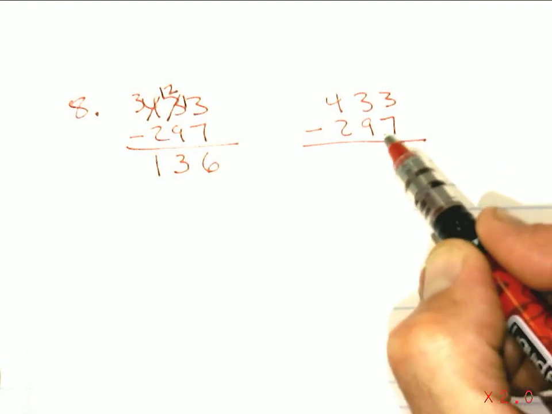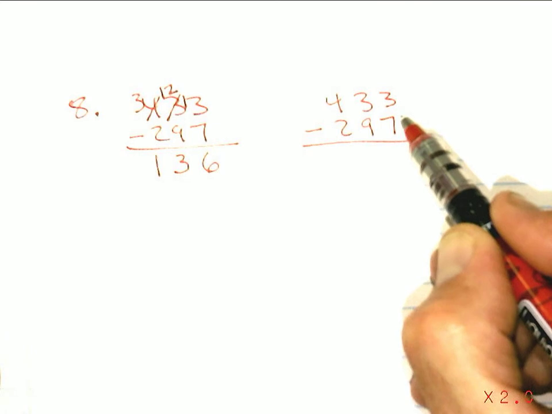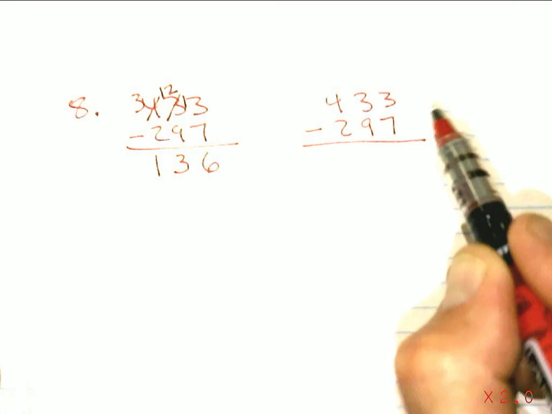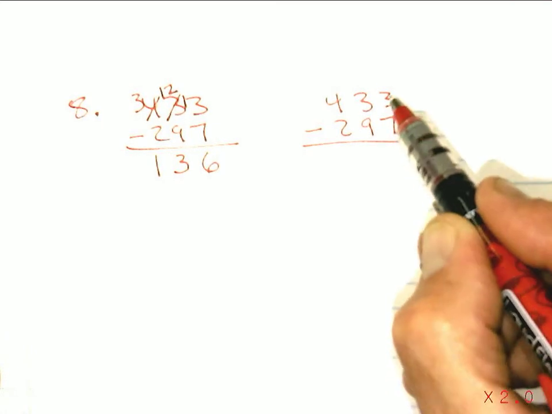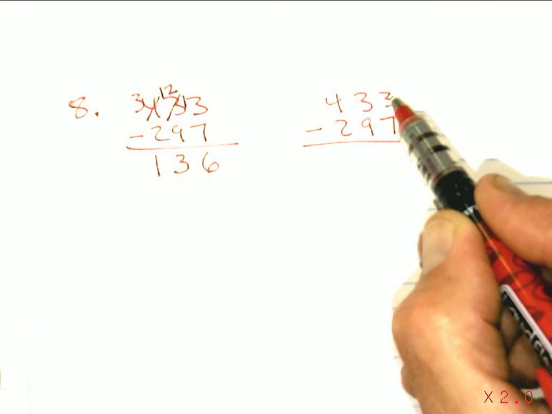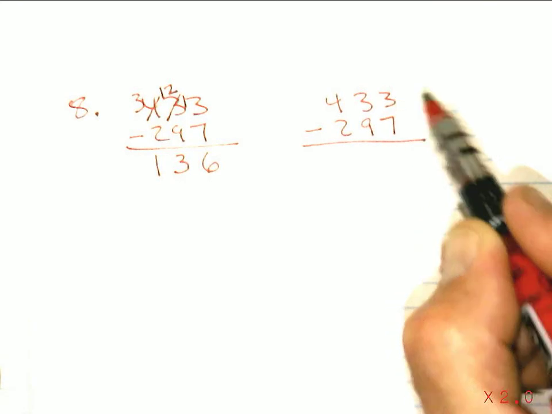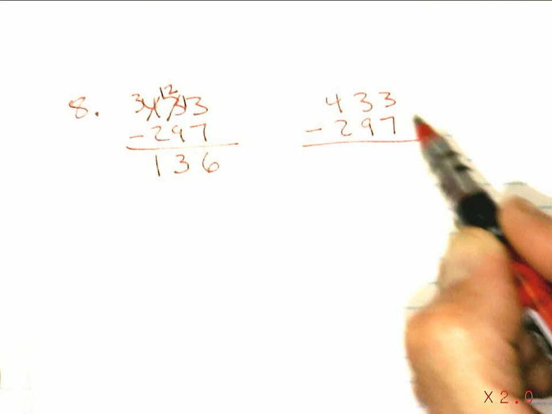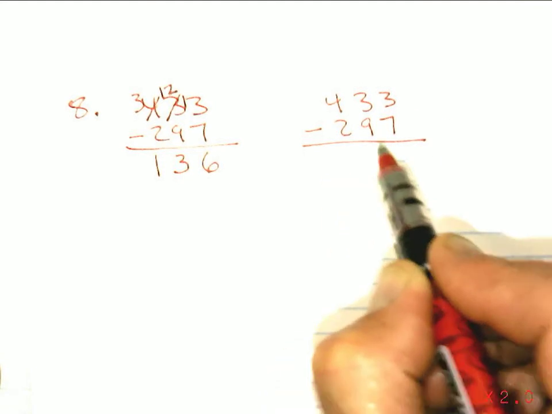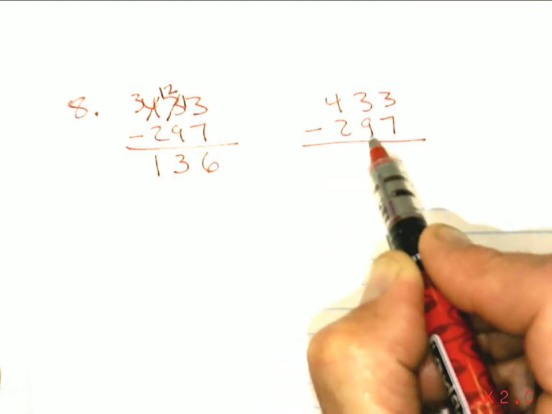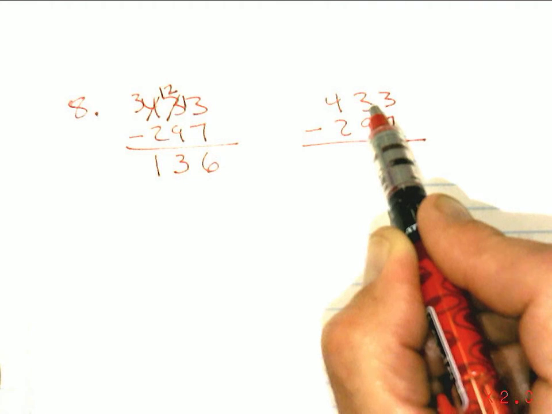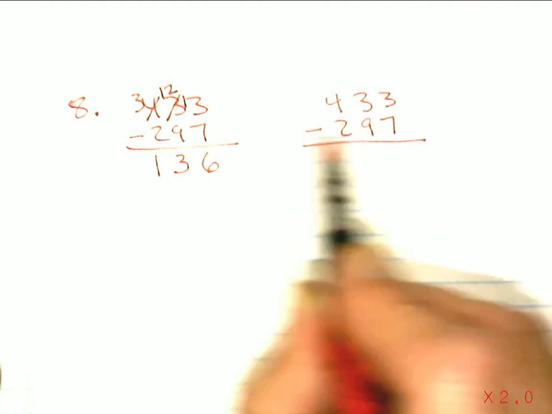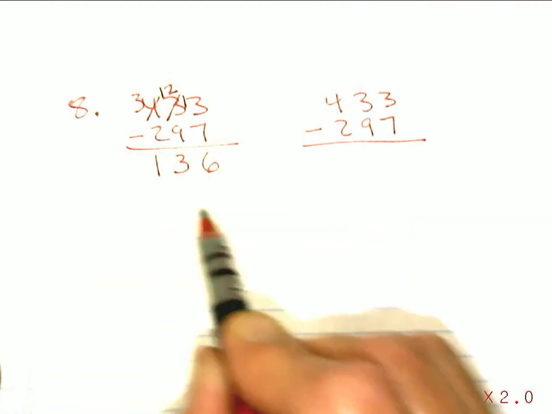In fact, if I just add 3 more to this number, I would have 300. And I know that 300 and another 133 gives me that number. So I'm really just going to think in terms of where I am at 297 and how to get to 433. I'm going to turn this problem totally into a mental math problem and not use that method at all.